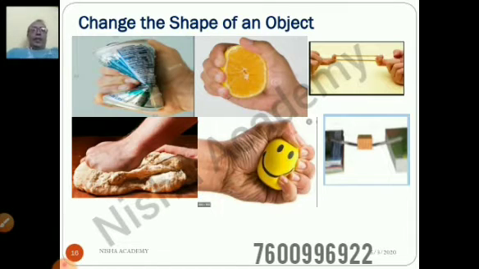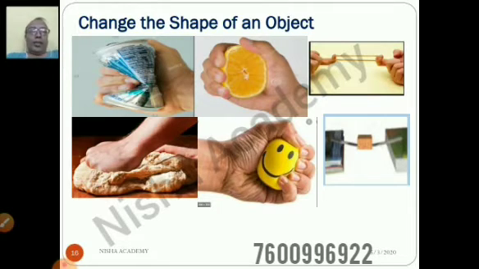Okay, there are a few figures. What you can see here: in the first figure, after drinking the Thums Up or Coke, you crush the can. In the second figure, you are trying to squeeze the lemon.